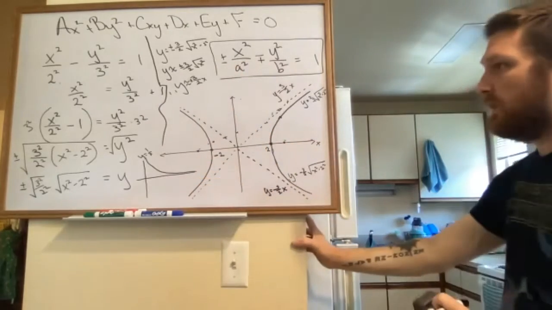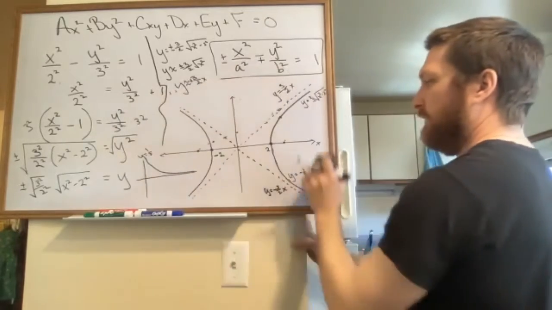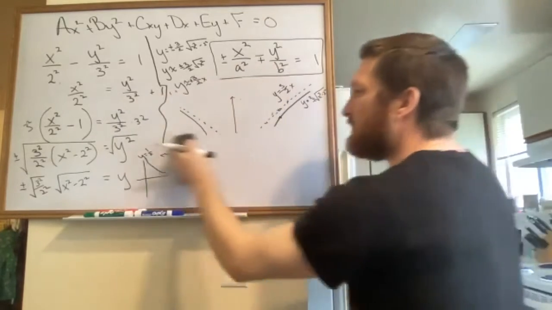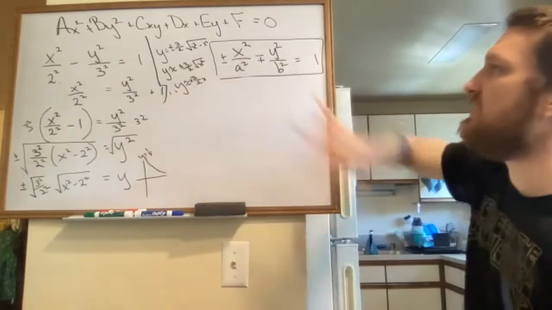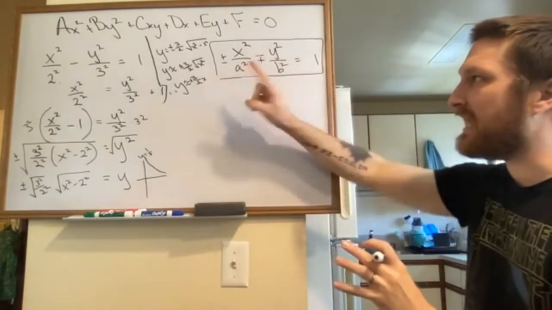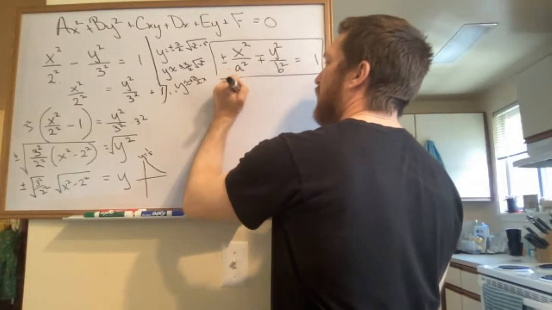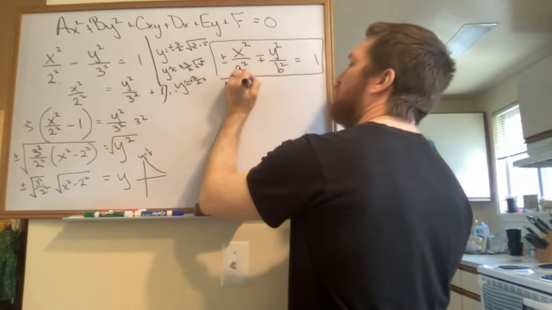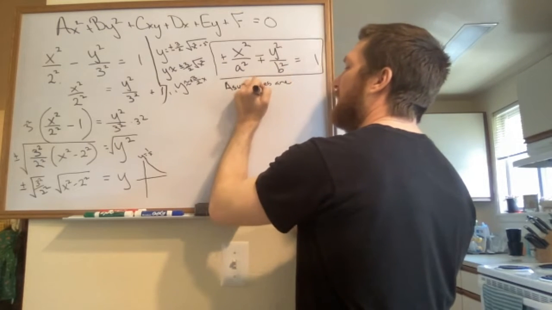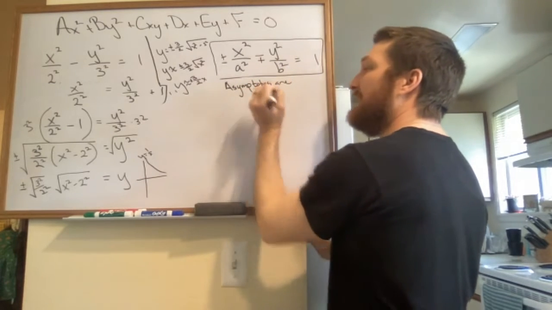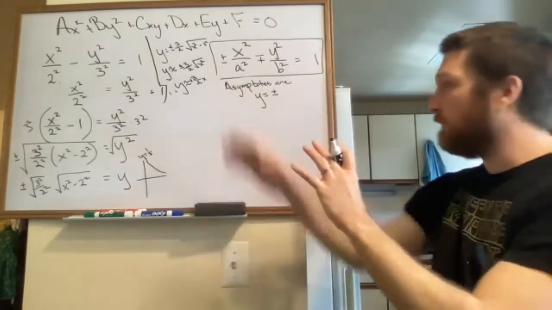So can I erase this picture right here? Yes. Okay, so that gives us a bit more information. If we have something like this, as long as the signs are different, then the asymptotes are y equals plus and minus b over a, because we have two asymptotes: the one that's coming up and the one that's coming down.